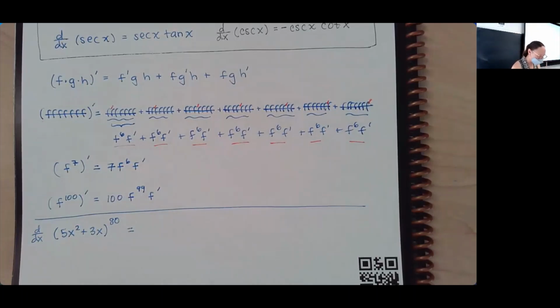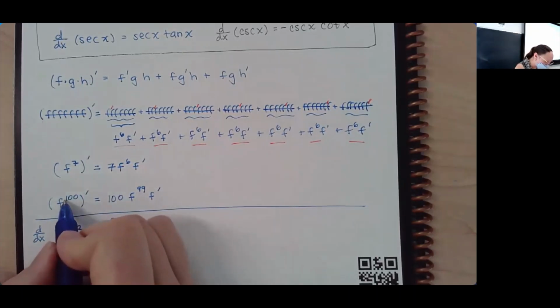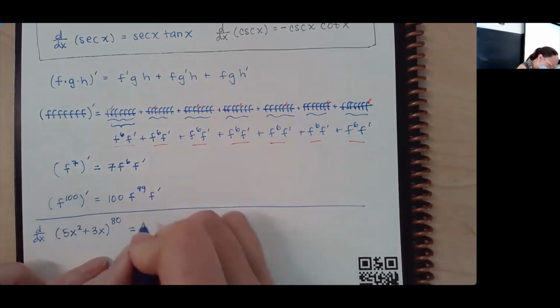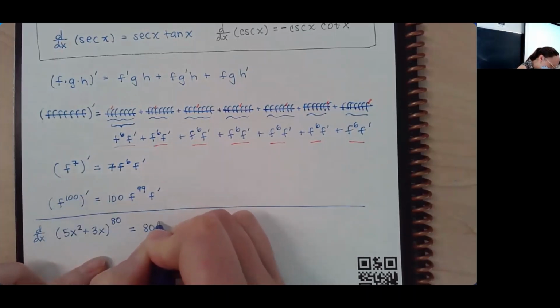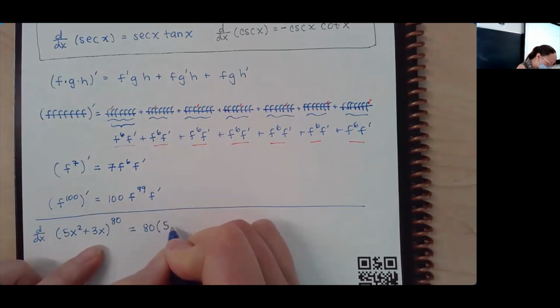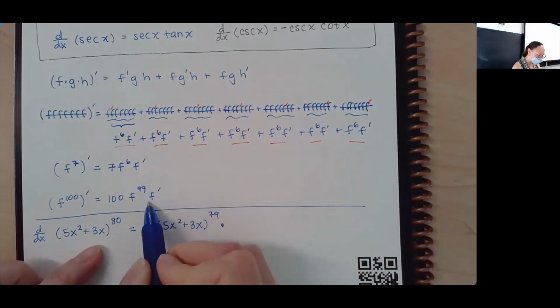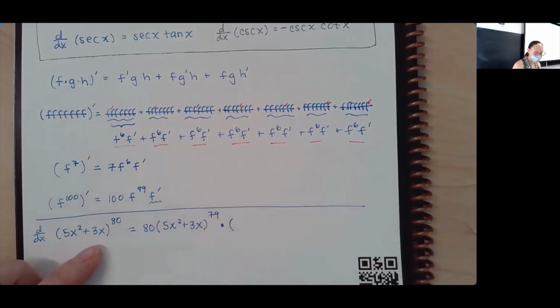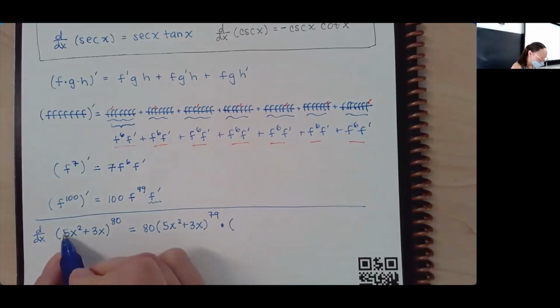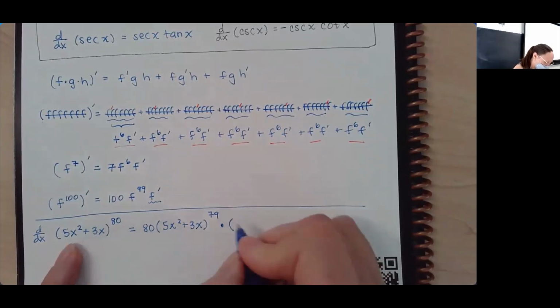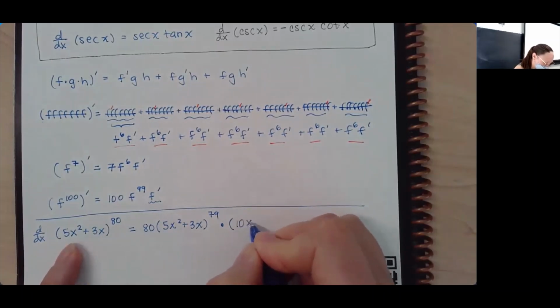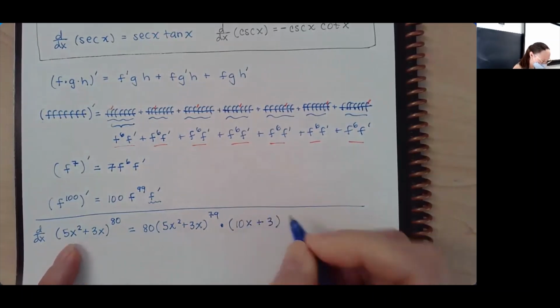That general power rule says, oh, well, I just take the exponent and pull it down in front, subtract 1 from the exponent, and then remember that I'm going to have to multiply by the derivative of what's on the inside. And so this time, what's on the inside there, I've got 5x squared plus 3x, which will be 10x plus 3.